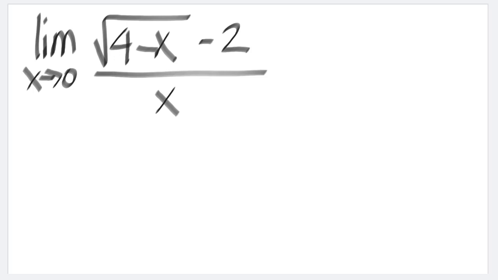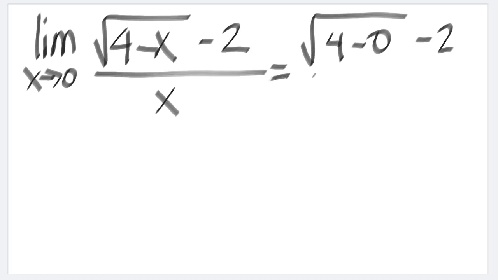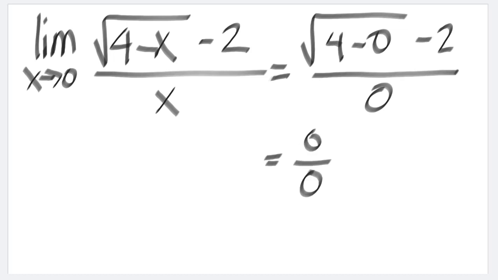For example, this one, if we directly substitute the value of 0 here, as we evaluate the limit of this function, that would be square root of 4 minus 0 minus 2 all over 0. And that would be equal to square root of 4 is 2 minus 2, 0 all over 0. Indeed, the limit of this is in indeterminate form.